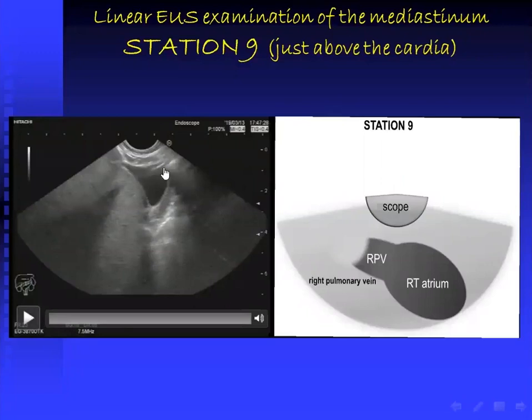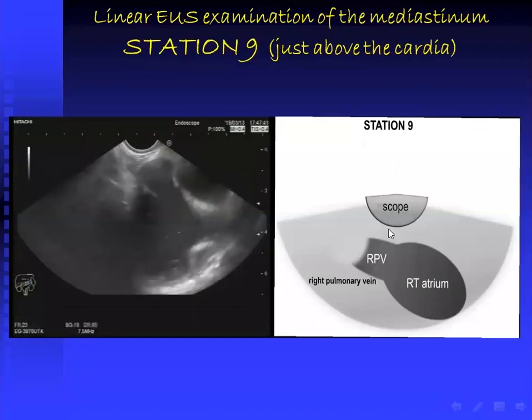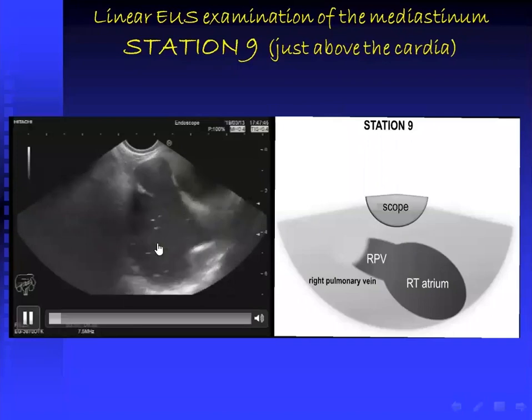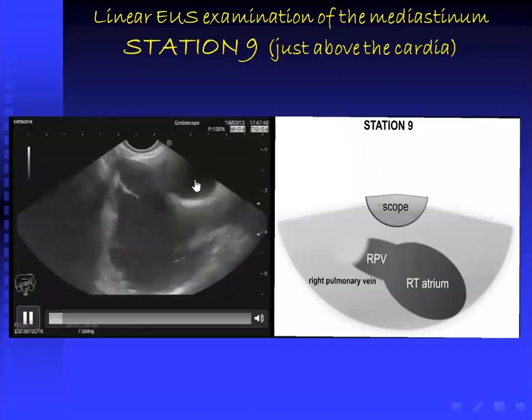The first station I saw, if I withdraw the echo endoscope, is station 9. Station 9 is at the level of the right atrium. When I withdraw the echo endoscope gradually, this is the right atrium, and I can see the left atrium. So this is the right atrium, and this is the left atrium.